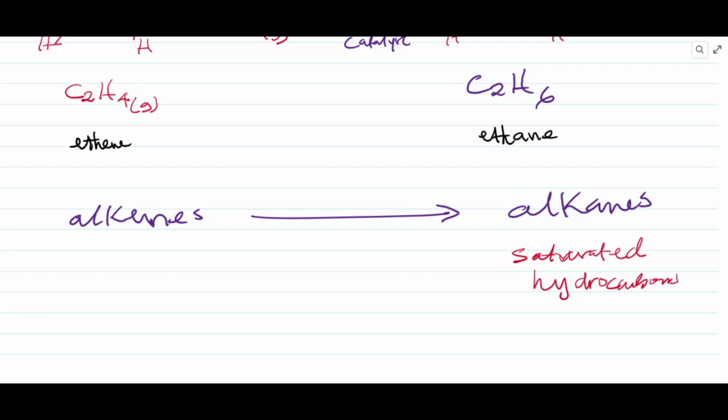But alkenes are not saturated. So we call them unsaturated hydrocarbons. Why are they unsaturated? Because they have carbon to carbon double bonds.